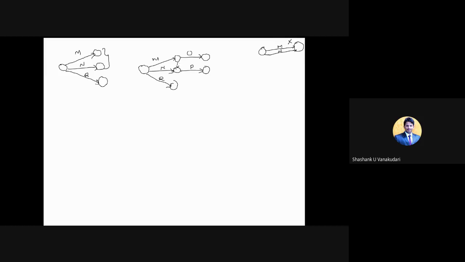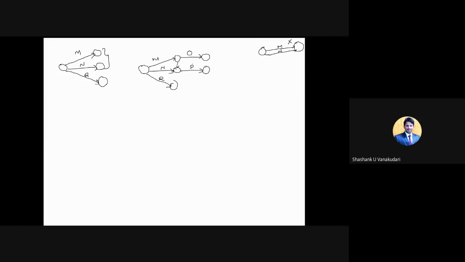So by using this dummy activity, I can say O activity is starting by completion of M activity. So that is directly related with this O and M. By using this dummy activity, we can say that O has to start by finishing M and O has to start by finishing N activity, just by using this dummy activity.